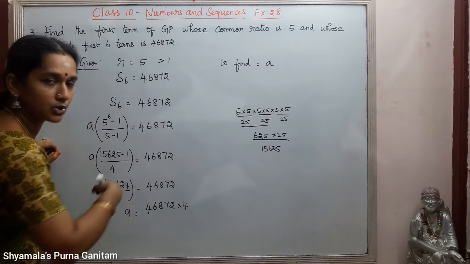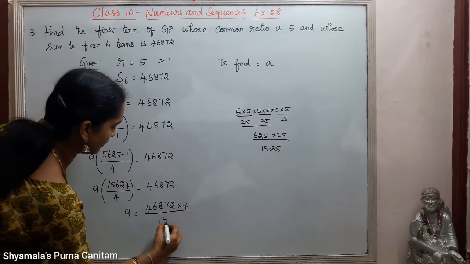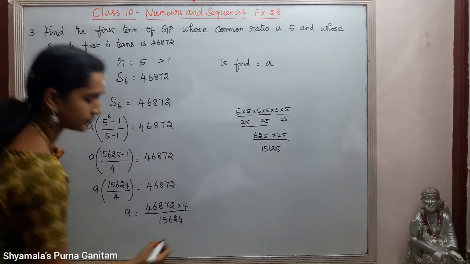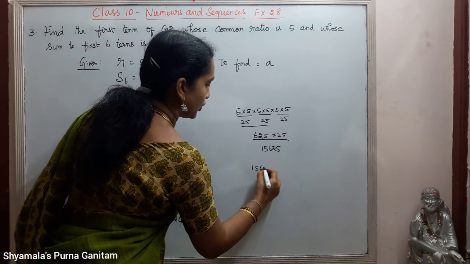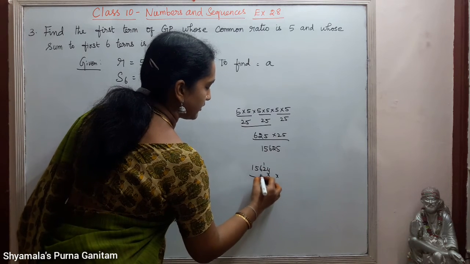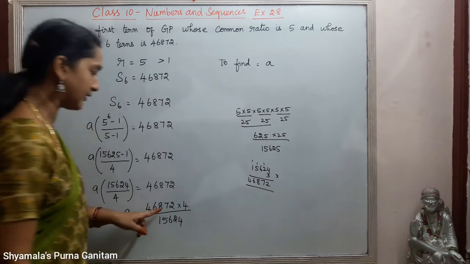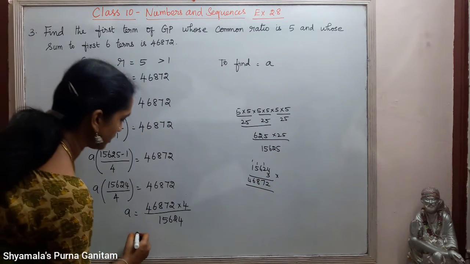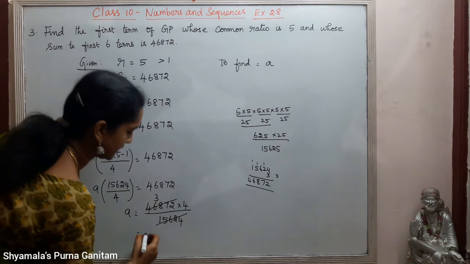This one, when it is going to that side, it will be into 4 divided by 15624. Okay. So 15624 into 3 if we check, 4 3s are 12, 7, 18, 46872 we are getting. So 15624 into 3 will be 46872.